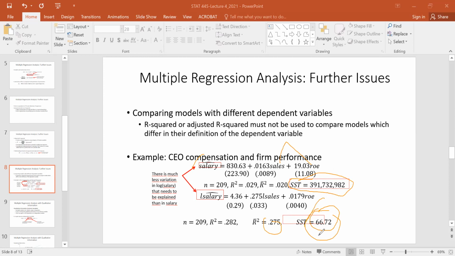It is easy to explain 27% of this number, and this is 391 million. This is difficult for these two variables to explain a significant portion. They ended up being only 2%. So you are not explaining the same total sum of squares. So be careful when you are choosing between or amongst models using adjusted R squared. That is the point.